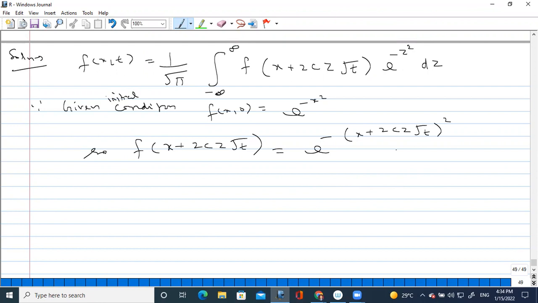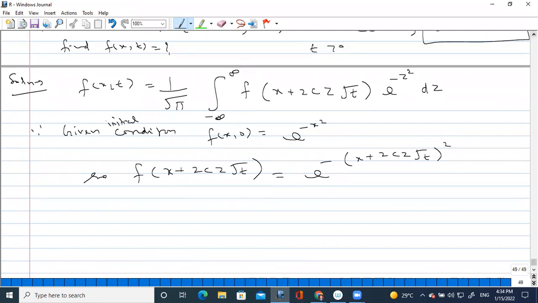But here t is equal to 0. So t equal to 0, so that term also... one second.